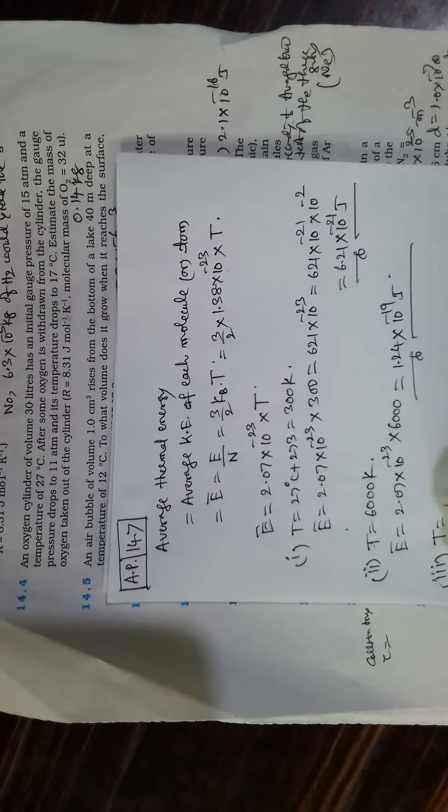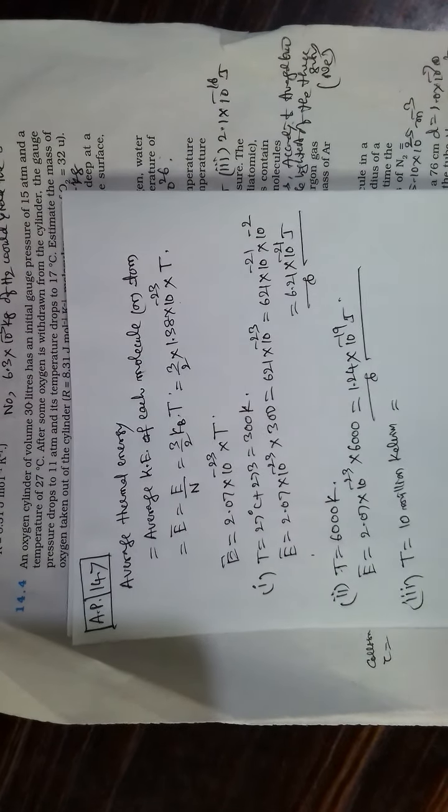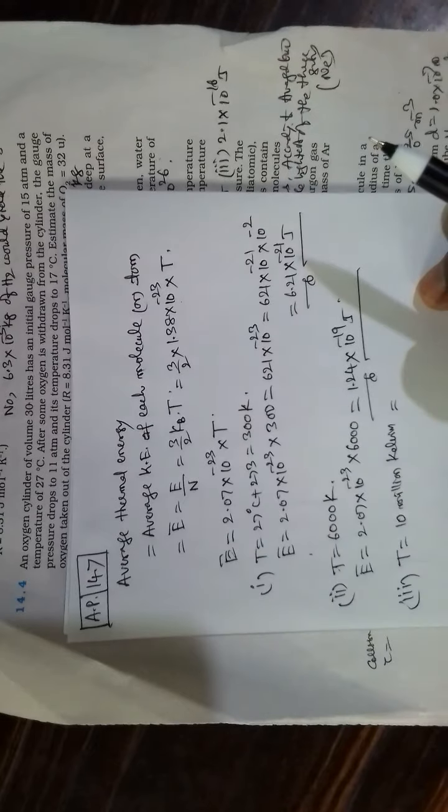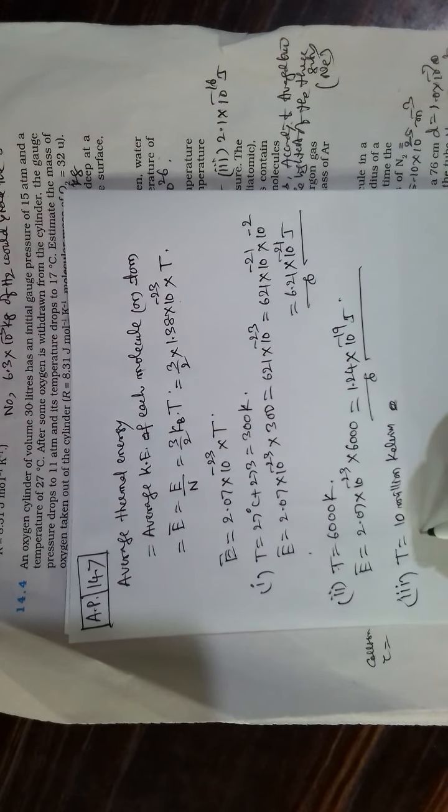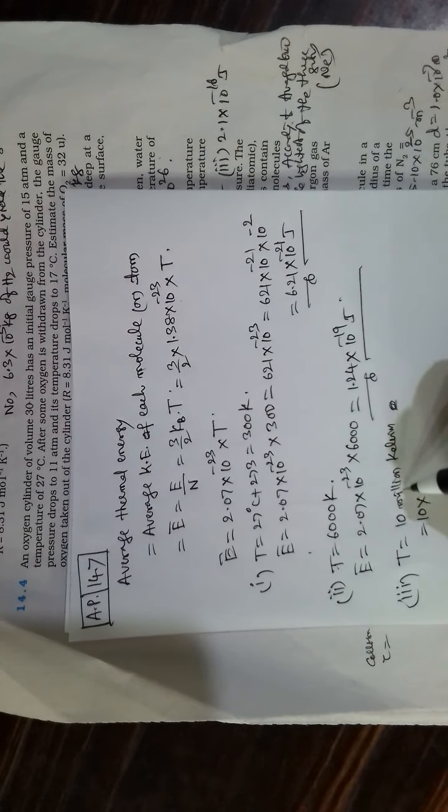Third one, the core temperature of a star, 10 million Kelvin. 1 million means 10 power 6.